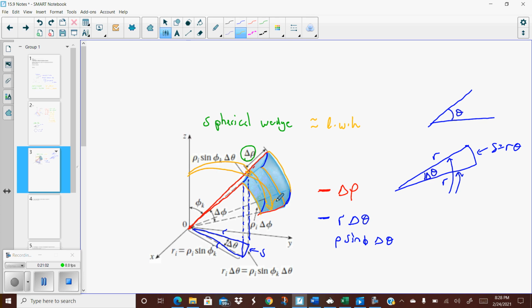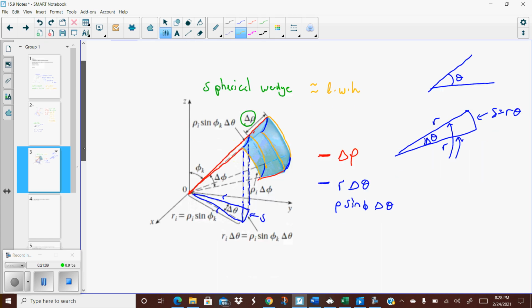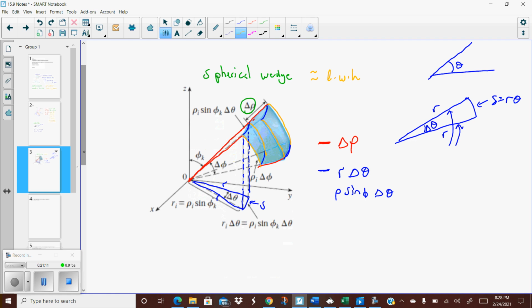So you're going to have a change in your phi values. I'm going to erase those because it's getting too sloppy. It's the same general idea, though. So here, what we're talking about is really the difference between this piece and this piece right here.